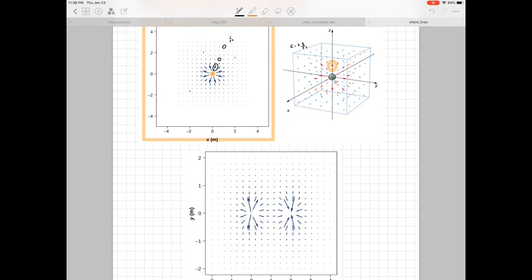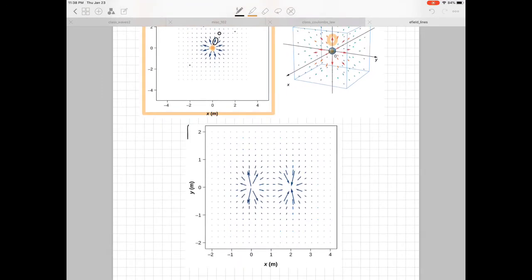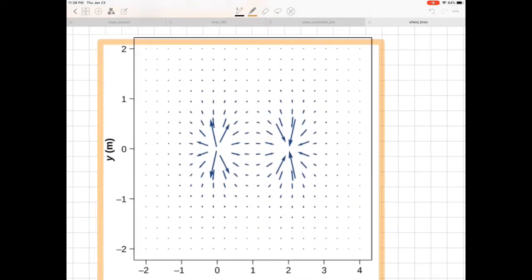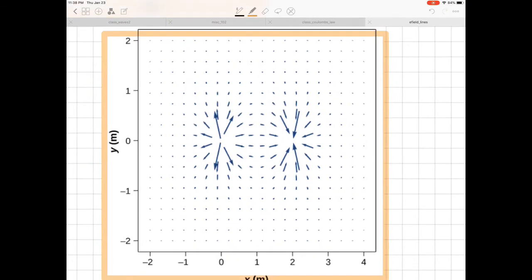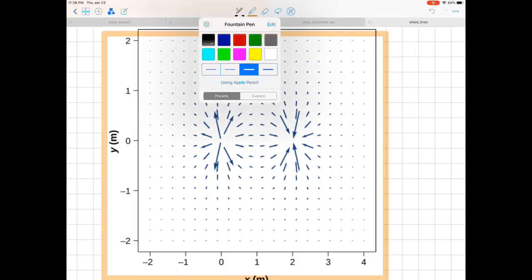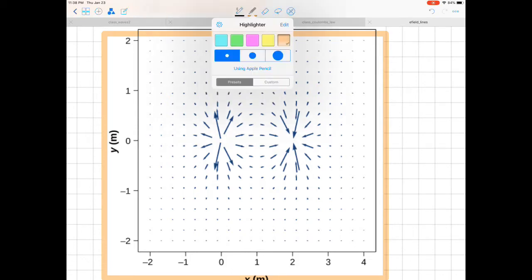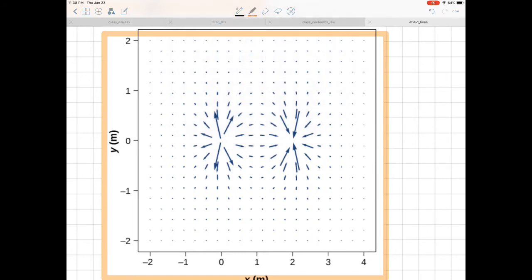So down here at the bottom, I've got another figure from the book. And this figure now shows a slightly more complicated set of electric field vectors. And so from this picture, we should be able to realize that there must be 2 charges in this picture.